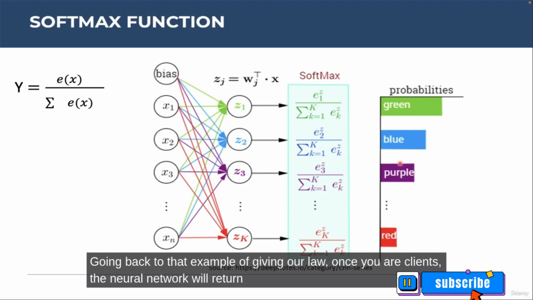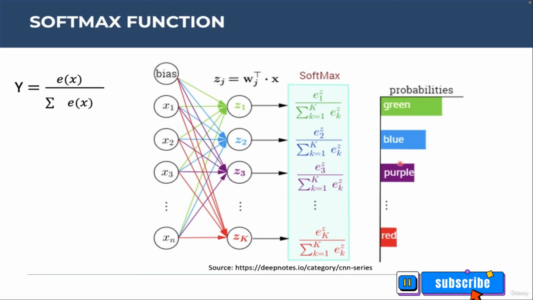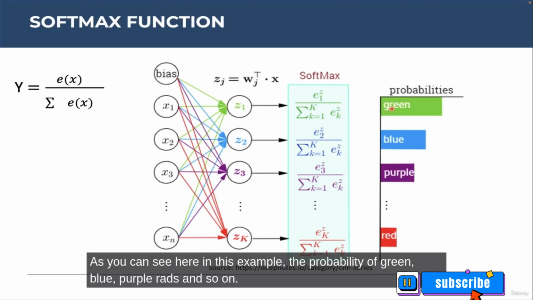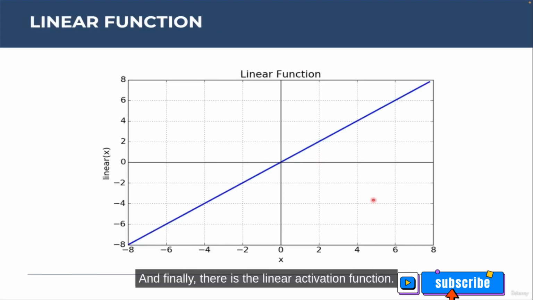Going back to that example of giving a loan to a client, the neural network will return a probability for risk low, risk medium and risk high. As you can see here in this example, the probabilities of green, blue, purple, red, and so on. This is one of the most used activation functions, as I said before, in the output layer of the neural network. And finally, there is the linear activation function.